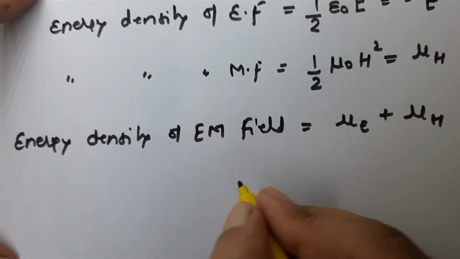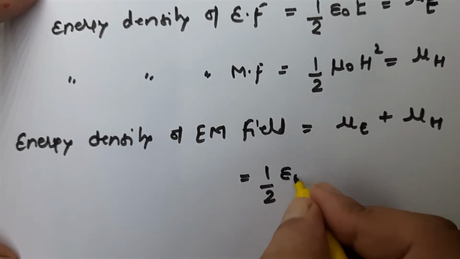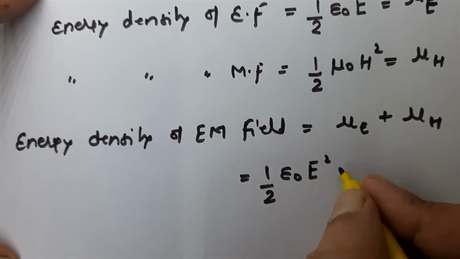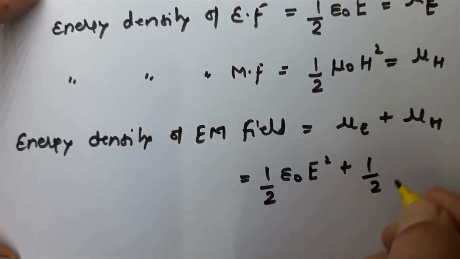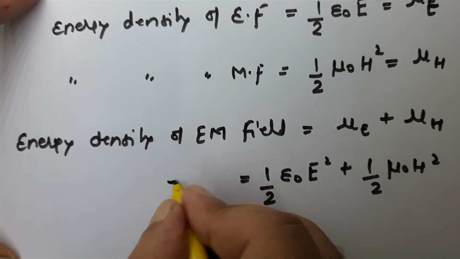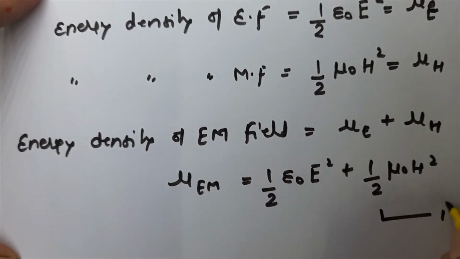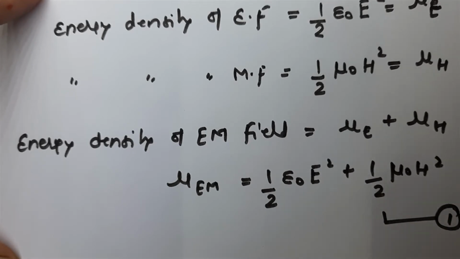So we are going to add both of them. This we denote as UEM, electromagnetic field. I will call this equation 1. I will proceed with that equation 1 over the next page.